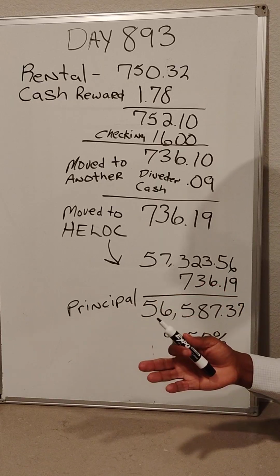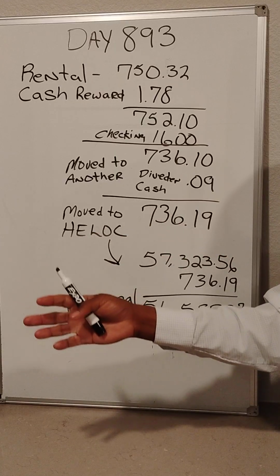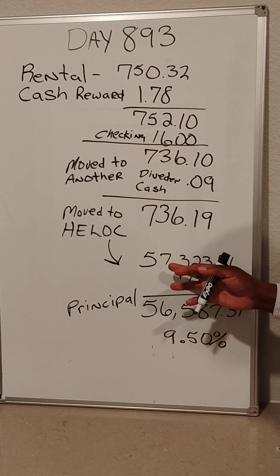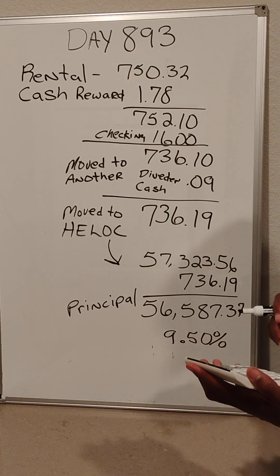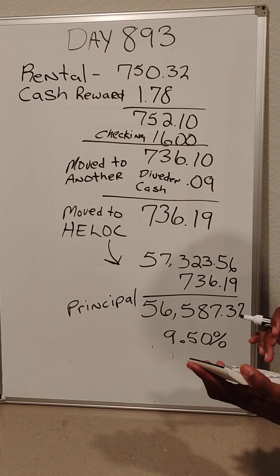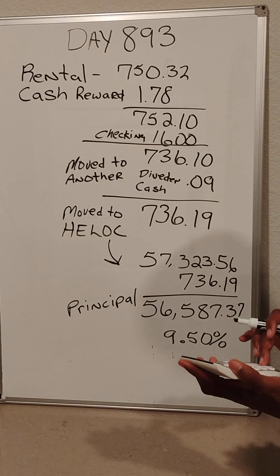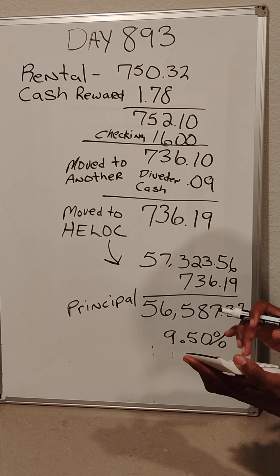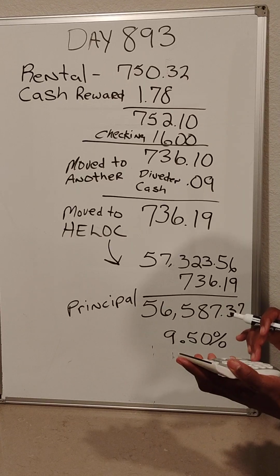9.5% every day also. So the HELOC works on an average daily balance over a 30-day or 31-day period. So let's go ahead and add that up. Just say it's been at $57,323 for, let's say 10 days. 57,323.56 times 0.0950 divided by 365.